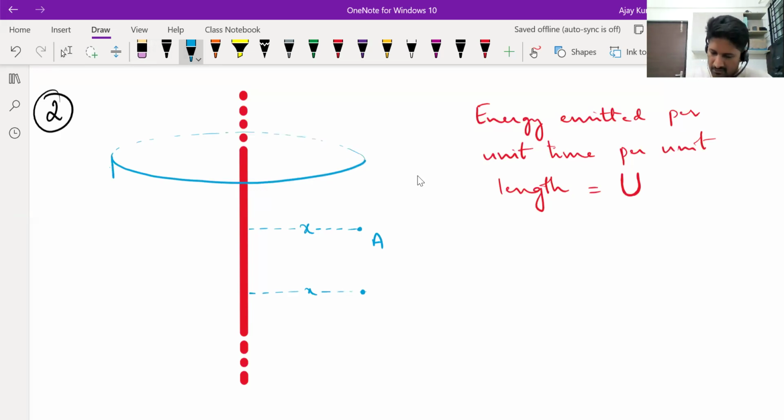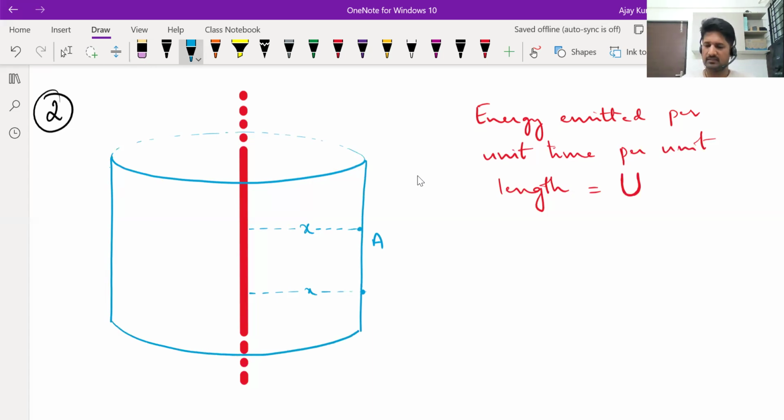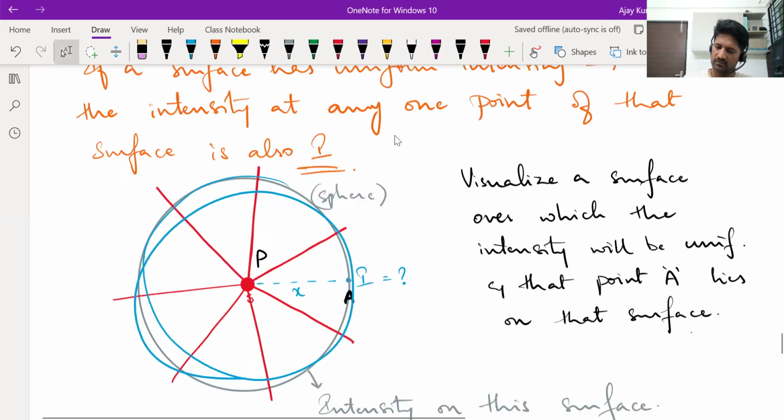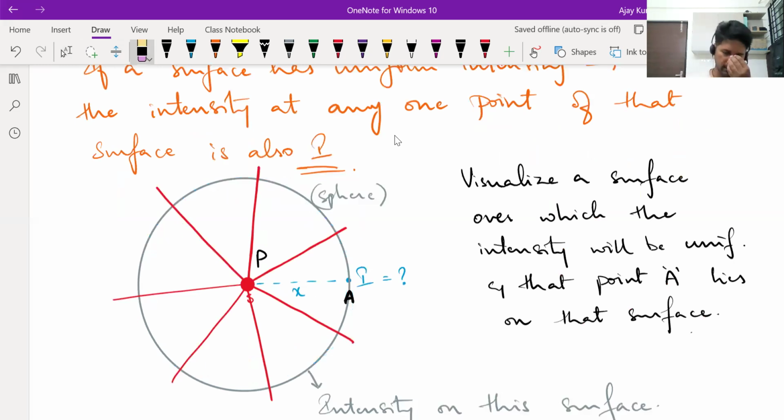for the charge distribution. If you remember, we derived the electric field produced by a long linear charge by constructing a Gaussian surface like this. In fact, the electric field produced by a point charge can be derived by taking a spherical Gaussian surface. So I'm giving an idea.